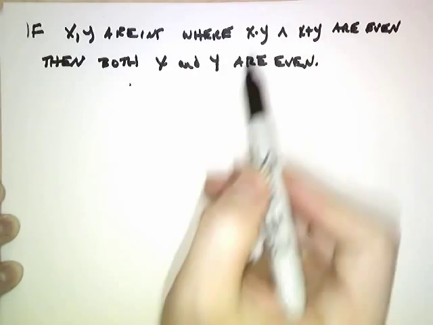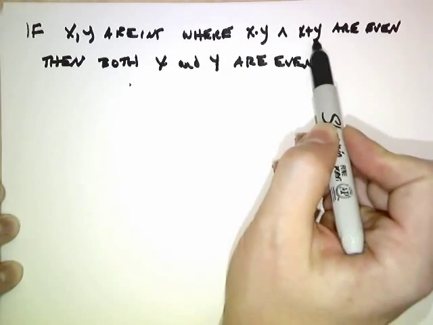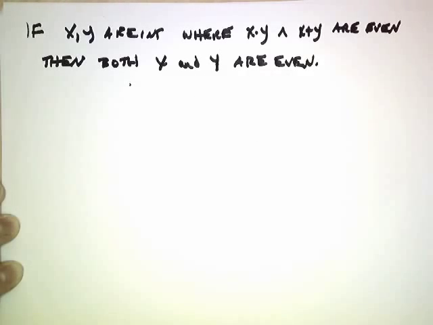So if you have two integers where x times y is even and x plus y is even, then both x and y are even.